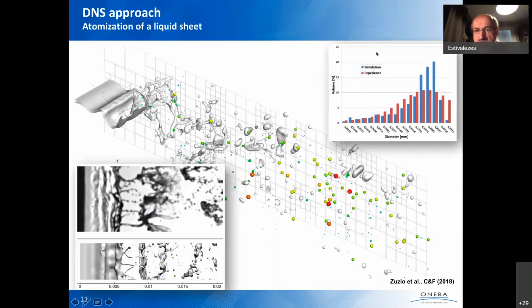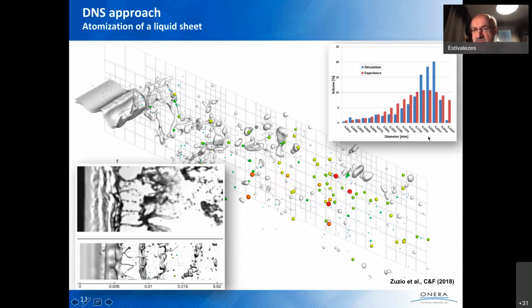Here you have a view of the PDF of the droplet diameter, in comparison between the experiment and the simulation. We can see that we catch mainly the same shape of the PDF.